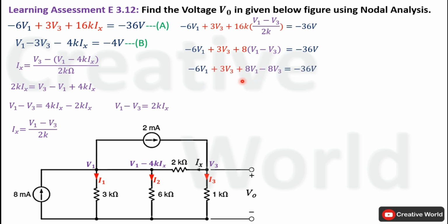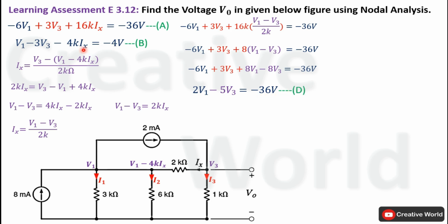The equation will become minus 6V1 plus 3V3 plus 8V1 minus 8V3 equal to minus 36 volt. Add same variables together. Sum of 8V1 and minus 6V1 will become 2V1 and sum of minus 8V3 and plus 3V3 will become minus 5V3. We will leave this equation for now and label this equation as equation D.